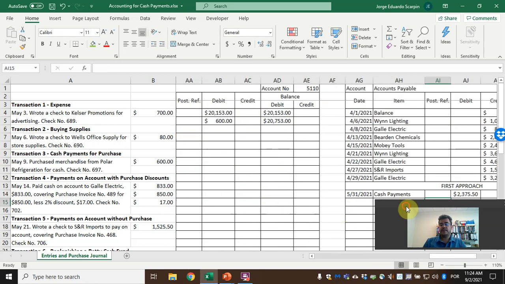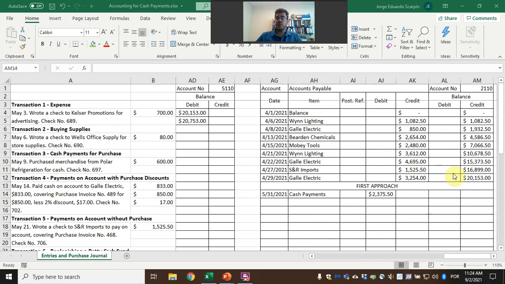So we do that approach, and then the balance will be previous balance less debits plus credits, 17,777. But we also have, and this is usually what we have in our textbooks, okay?